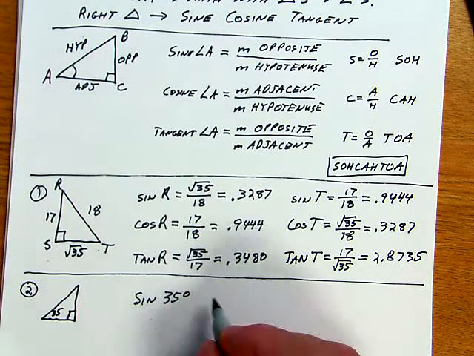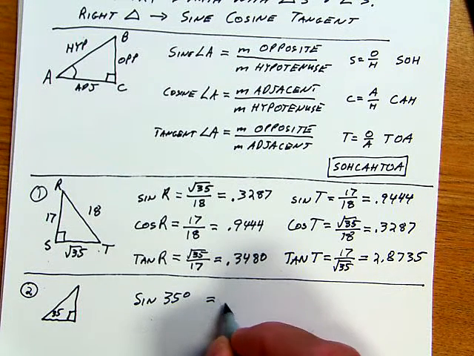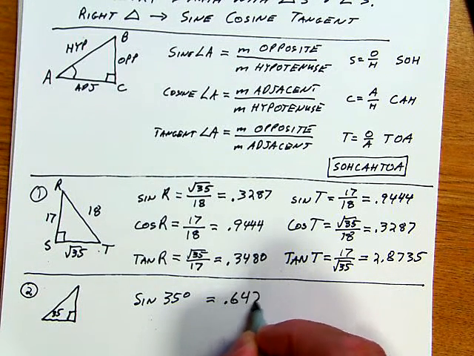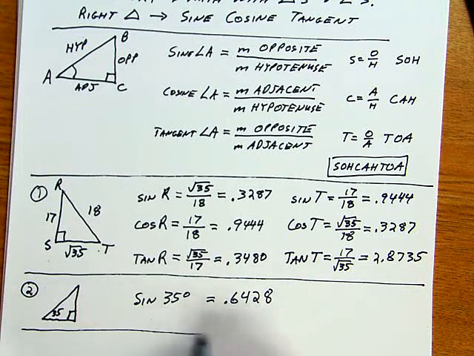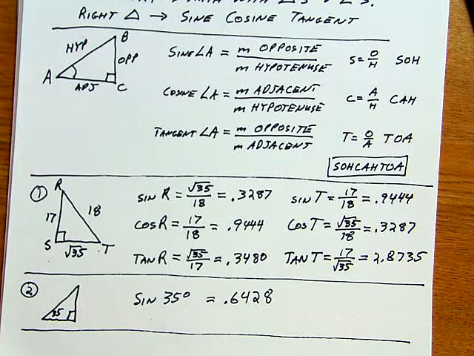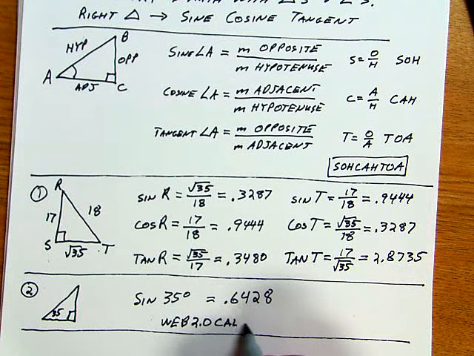So I want you to get your calculator out and type in 35 and hit the sine button and see what you get. You should get something like 0.6428, something close to that. All scientific calculators can do this. If you can't do that, I want you to go to Google and look up Web 2.0 calculator.